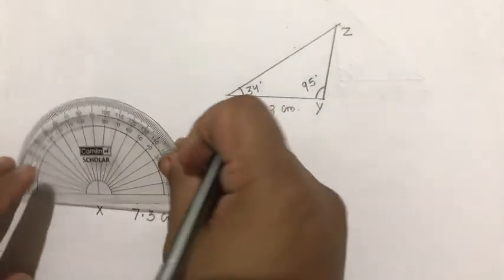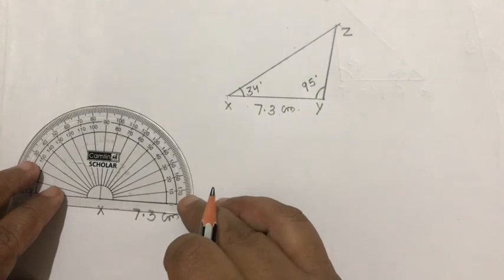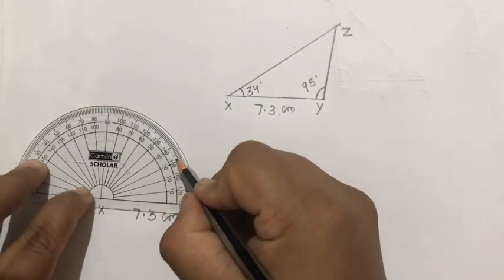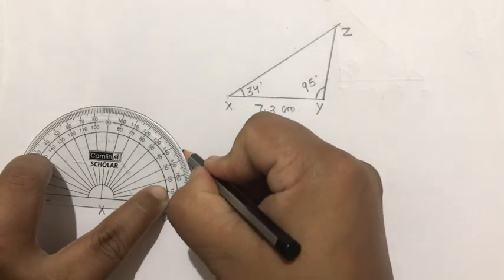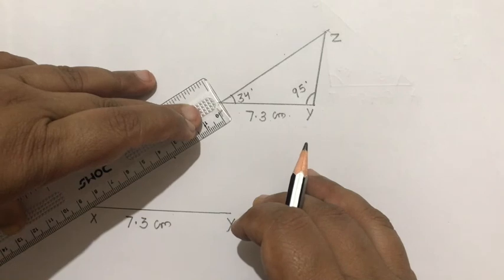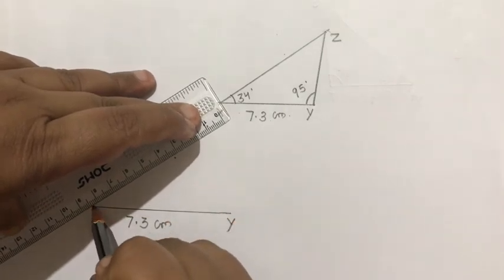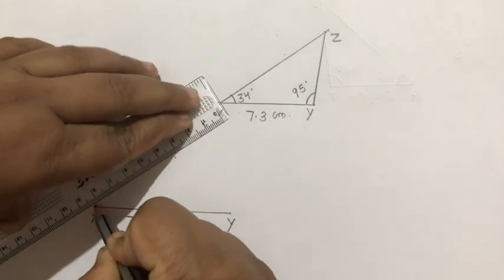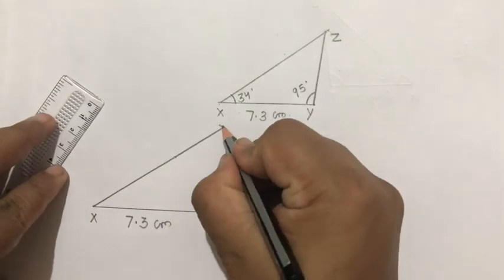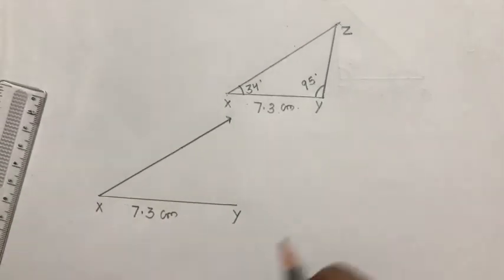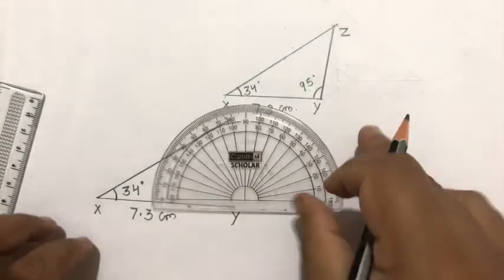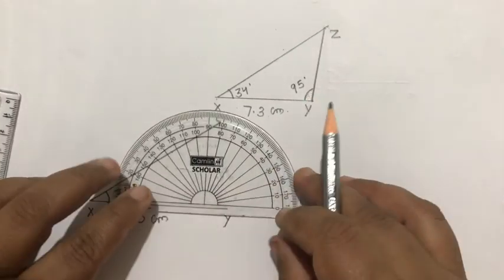Angle X is of 34 degree. This is 0, after the 34th point, draw a ray. Angle X 34 degree, angle Y 95 degree.